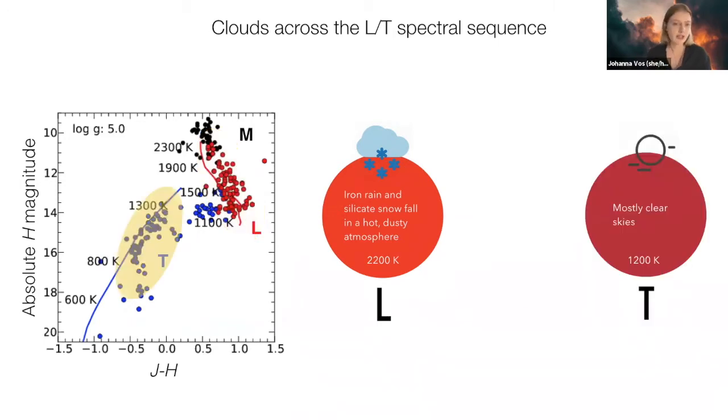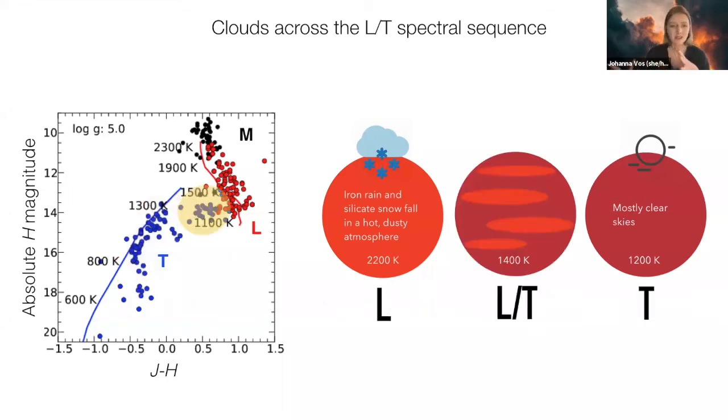In contrast, the atmospheres of T dwarfs appear relatively cloud-free, and the clouds here are thought to have sunk below the photosphere where we can't actually see them. So on the color magnitude diagram, the T dwarfs appear at least a magnitude bluer than the hotter L dwarfs.